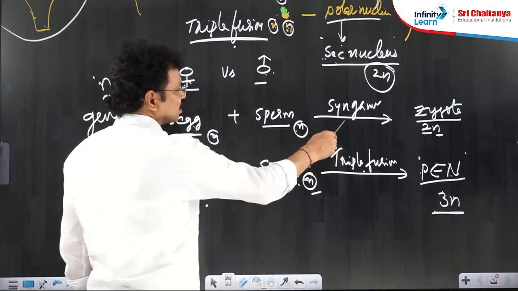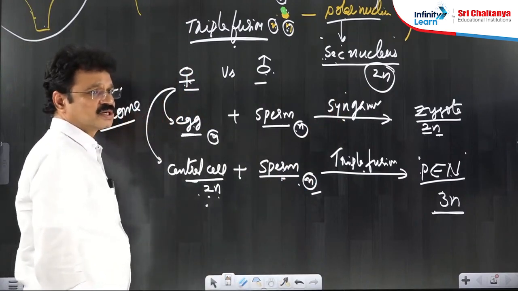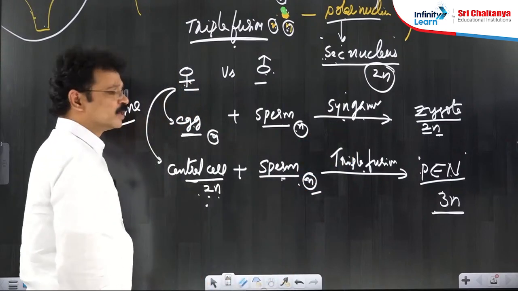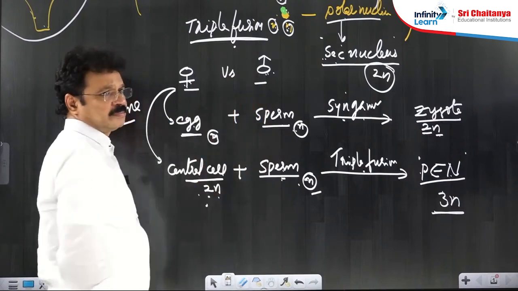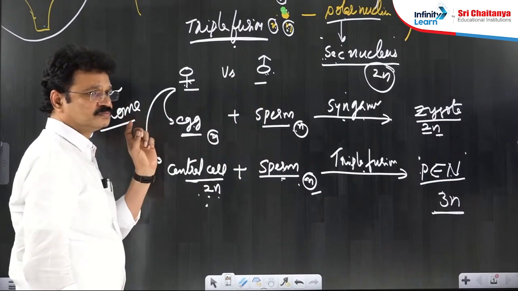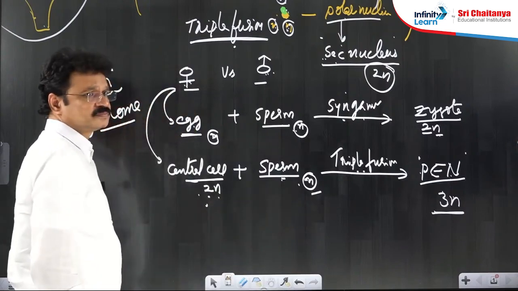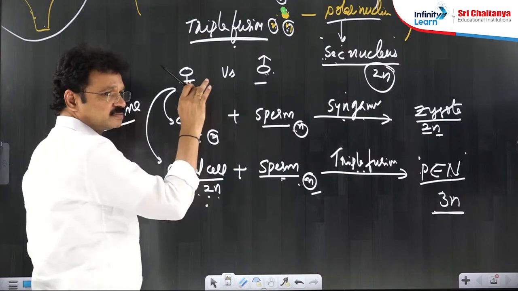How many genomes participate in syngamy? The total number of genomes, or sets of chromosomes, participating in syngamy is two genomes, one from the female parent, another from the male parent. Total number of genomes is 2. Whereas in triple fusion, what is the total number of genomes? In syngamy, 2, correct.